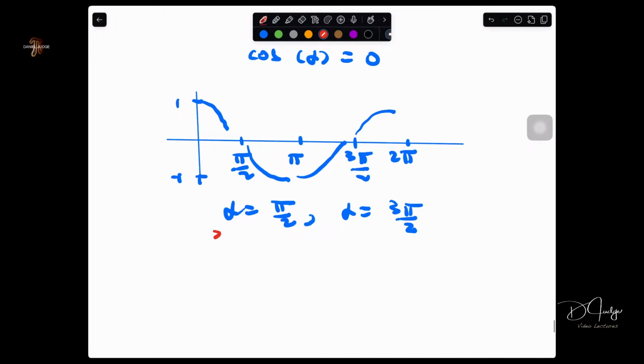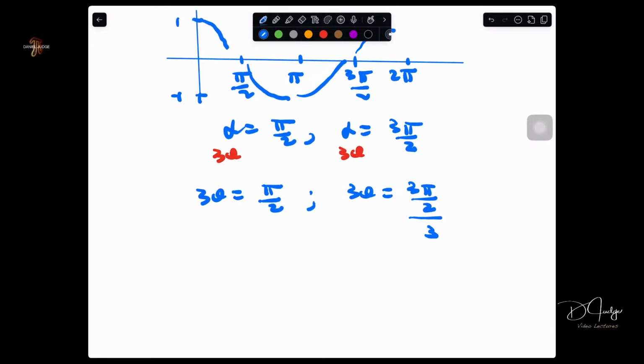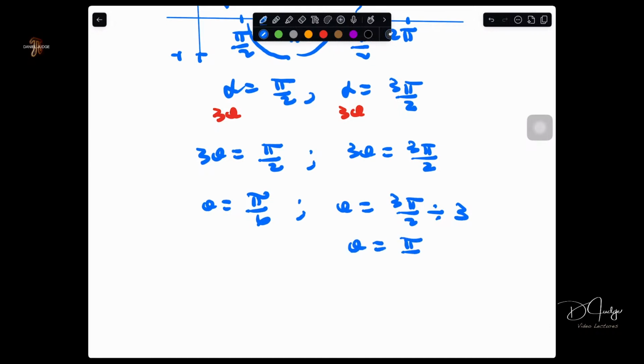So since alpha is 3 theta, we get 3 theta is pi over 2 and 3 theta is 3 pi over 2. Let's solve for theta. Theta is pi over 6. Theta is 3 pi over 2 divided by 3, which would be pi over 2. Pi over 6 and pi over 2.